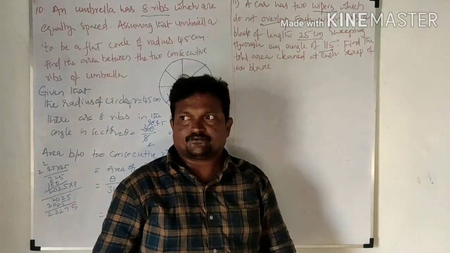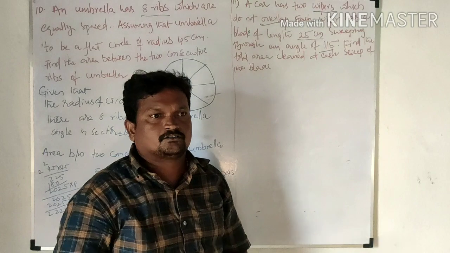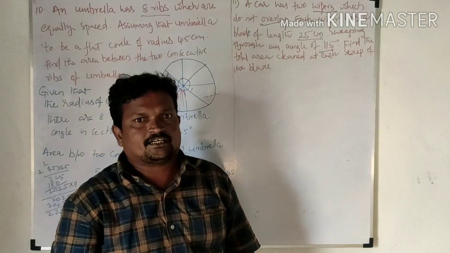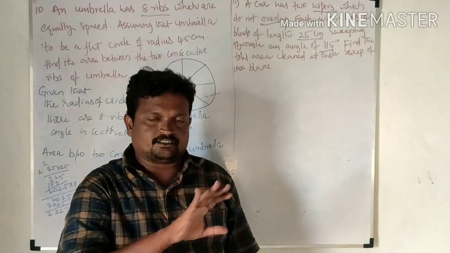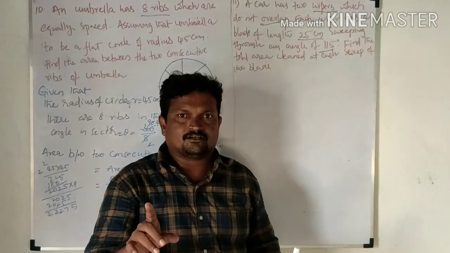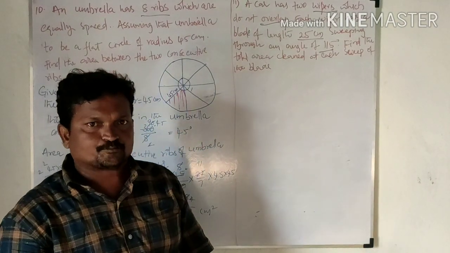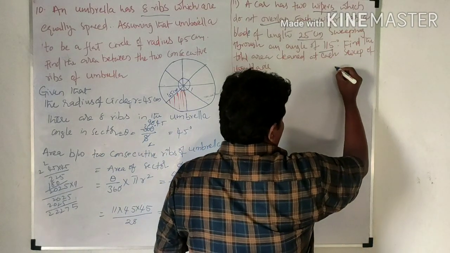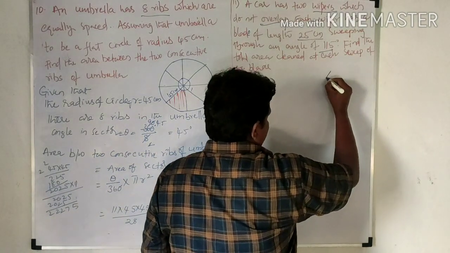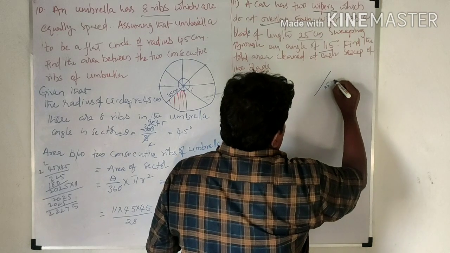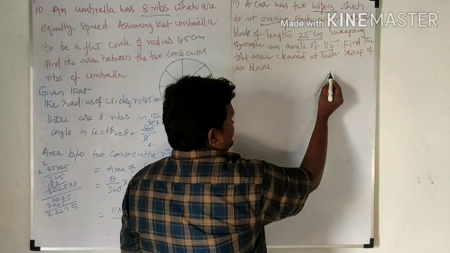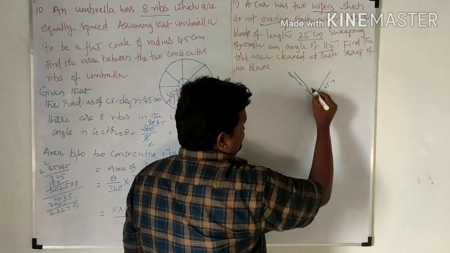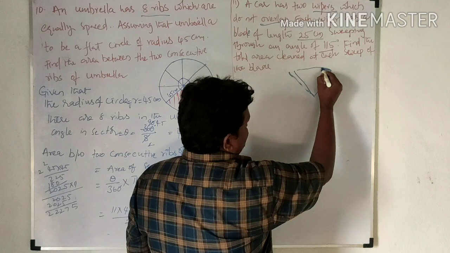Whenever we observe a car, there are 2 wipers on the mirror. They will clean the mirror when water falls on it. For example, one wiper of length 25 centimeters is there like this. It will be swiping from here to here, and it will sweep some area.